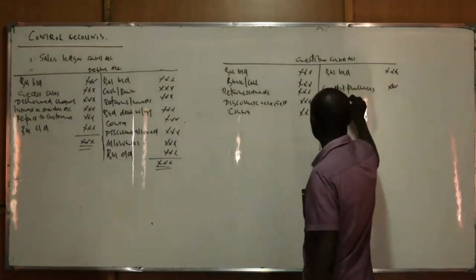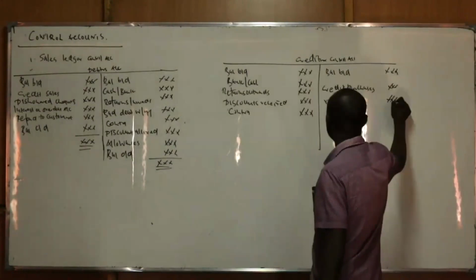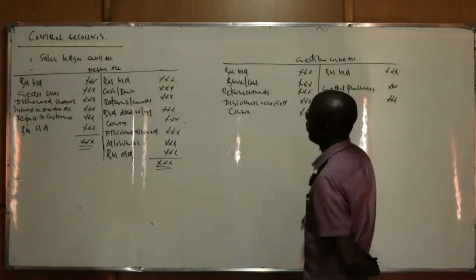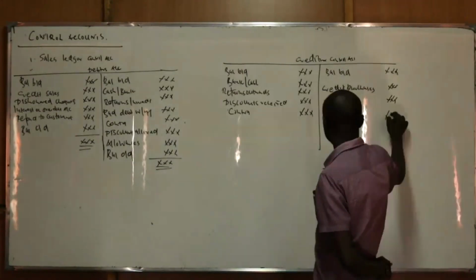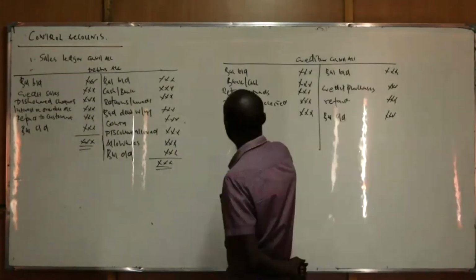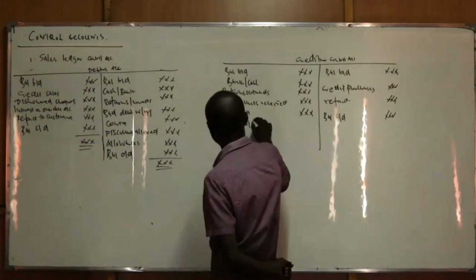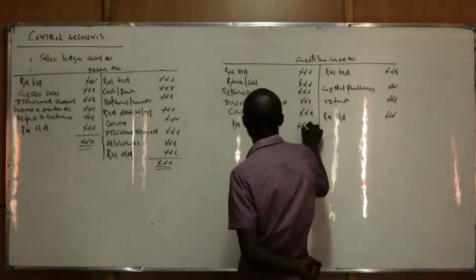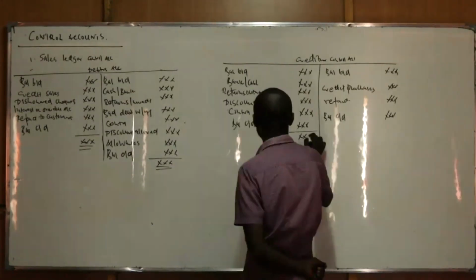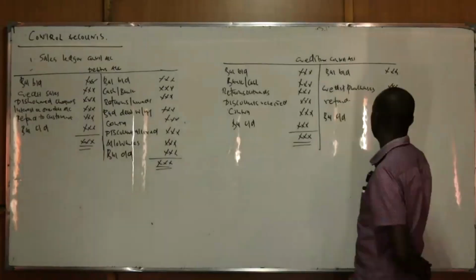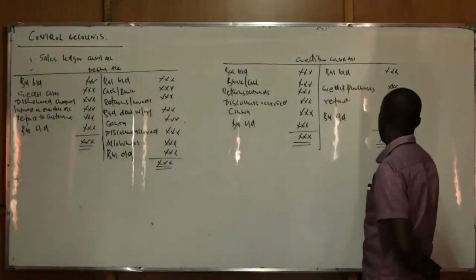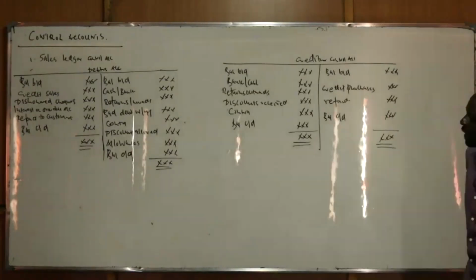Then here we have the balance carried down. So that is how we prepare the sales ledger and purchases ledger control account.